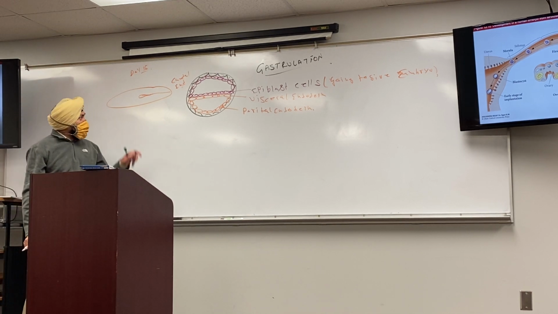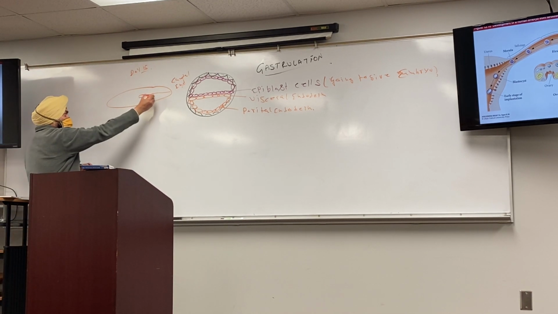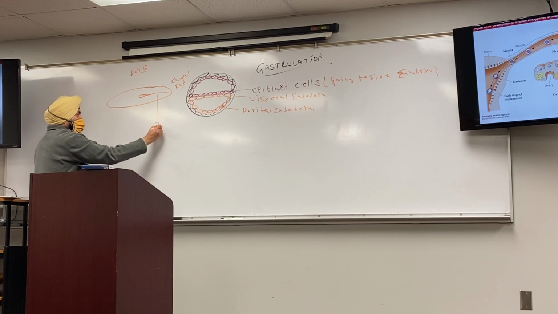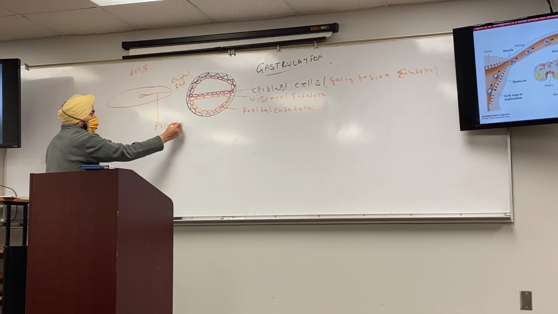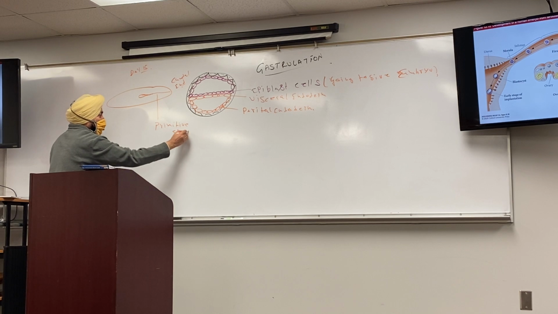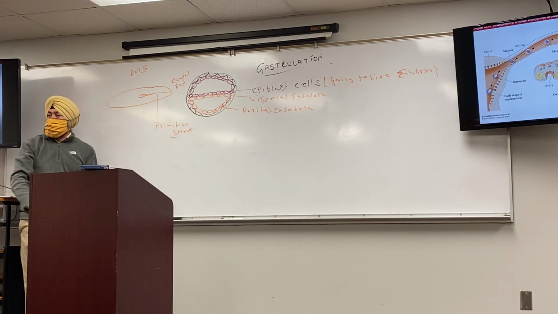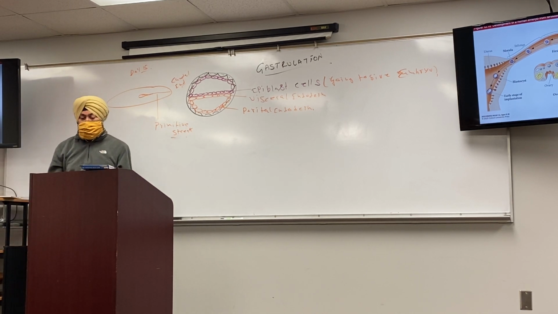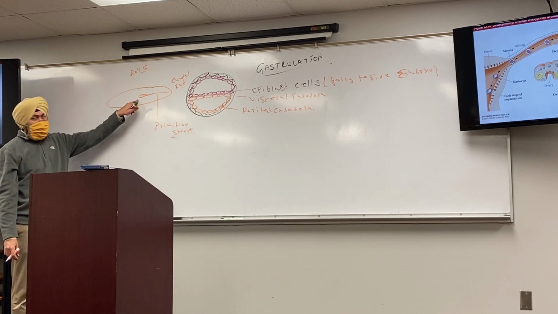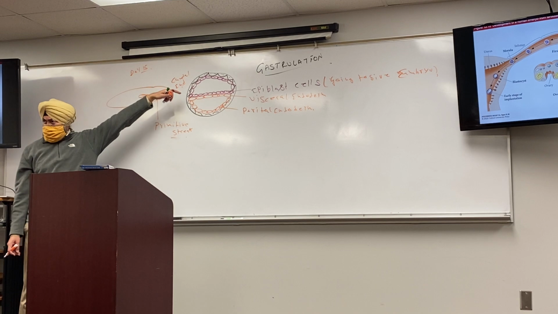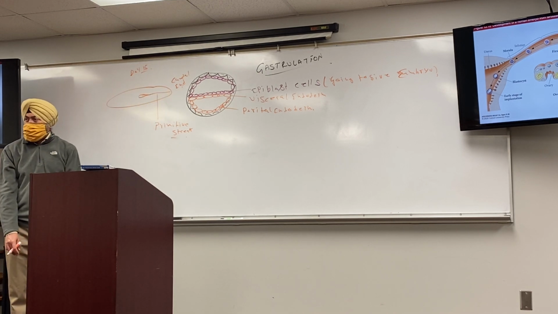So this streak is formed, and this streak is called the primitive streak. A primitive streak is formed. Okay? So it starts from the midline and goes toward this side of the bilaminar germinal disc.